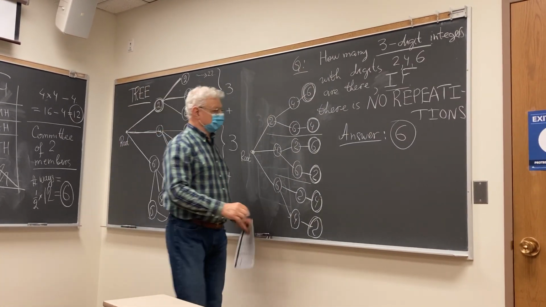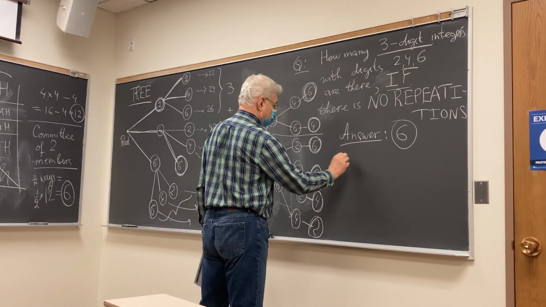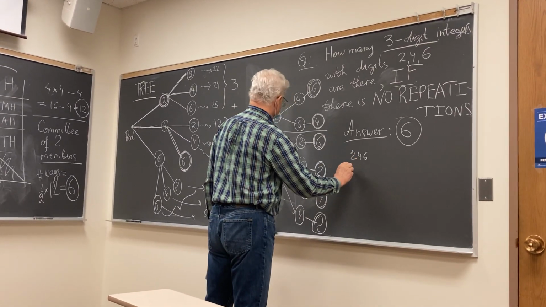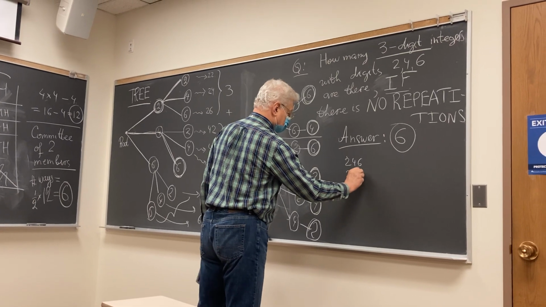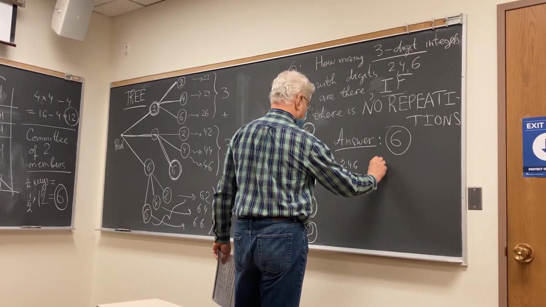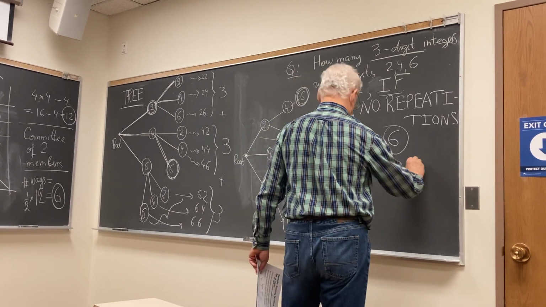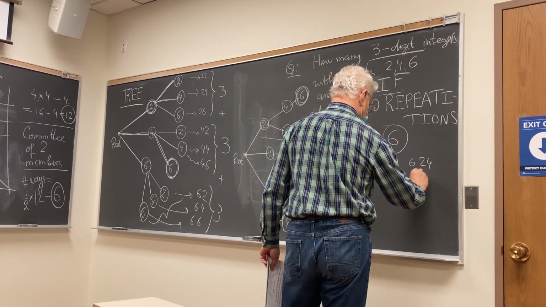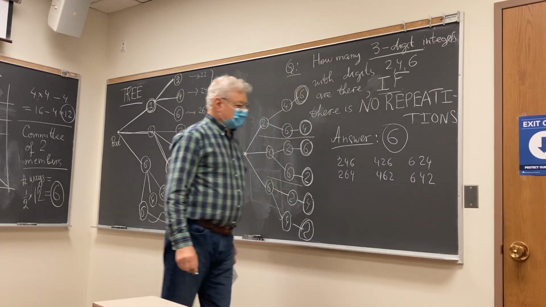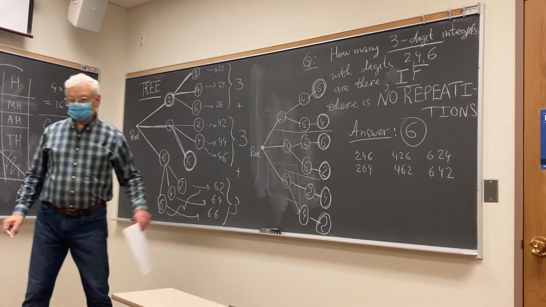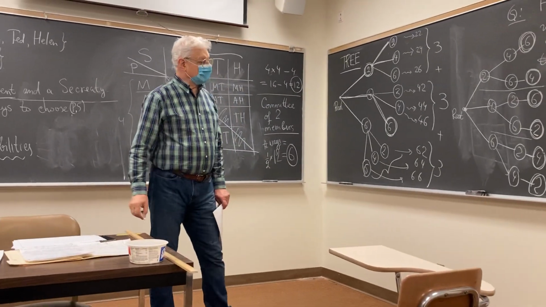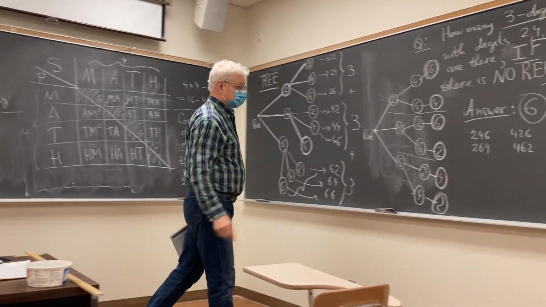I could write all of them: 246, 264, 426, 462, 624, and 642.